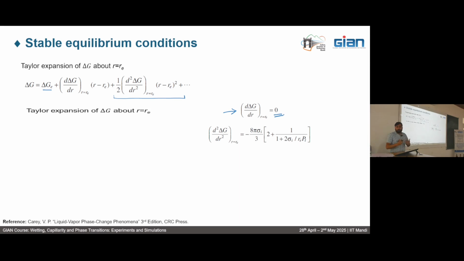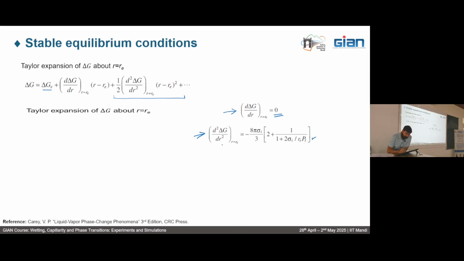Now to see if this point is the point of maxima or minima, so that we can know whether our Gibbs free energy is maximum or minimum at that point, we take the double derivative. And when we take the double derivative, the expression we get is minus 8 pi sigma I by 3 times 2 plus 1 over 1 plus 2 sigma I REPL. Now in this complete expression, all the terms seem to be positive.